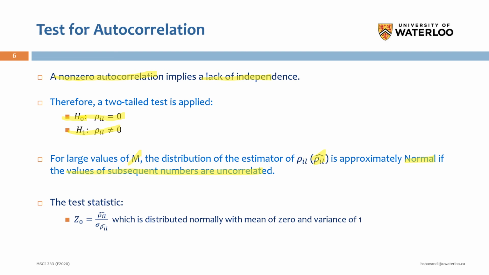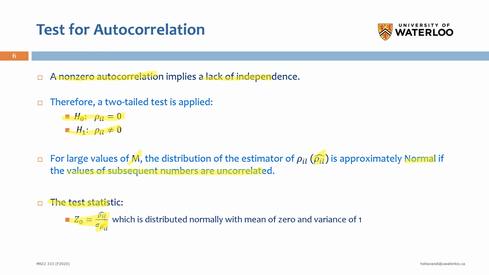Okay, so based on this property, or let's say assumption, the test statistic is this: Z0 equals rho hat iL, the estimator of the autocorrelation, divided by sigma of that estimator.